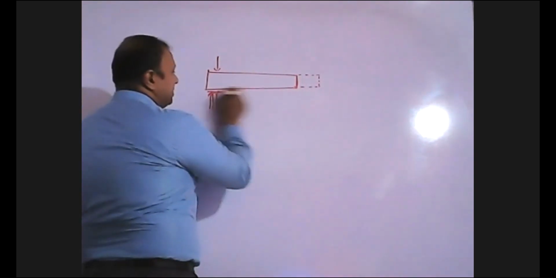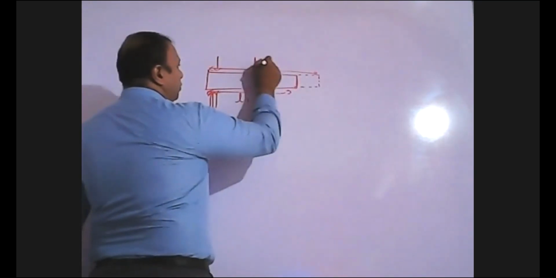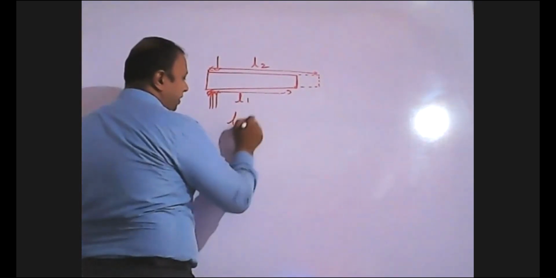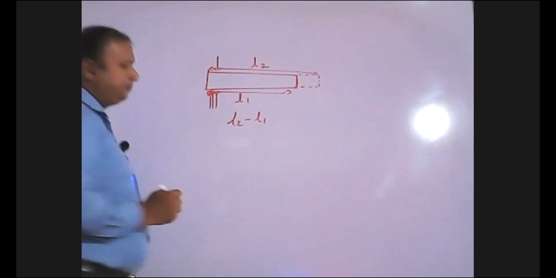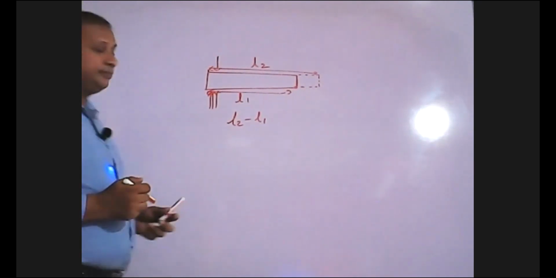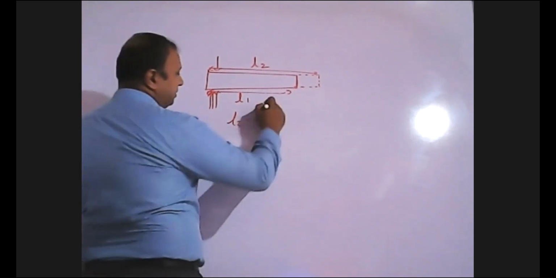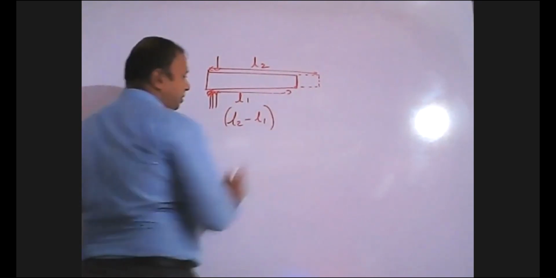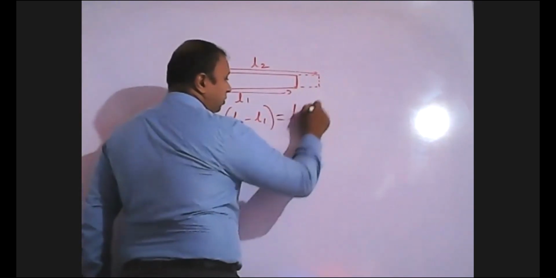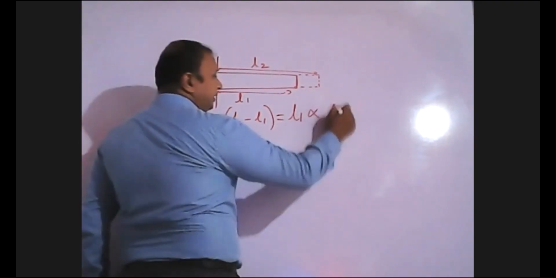Suppose the initial length is L1 and the final length is L2. So the amount of expansion is equal to L2 minus L1. L2 minus L1 is equal to L1 into the coefficient of expansivity and the temperature difference.